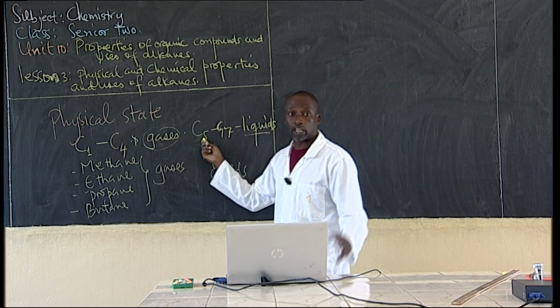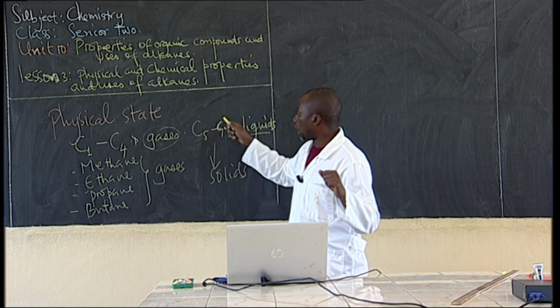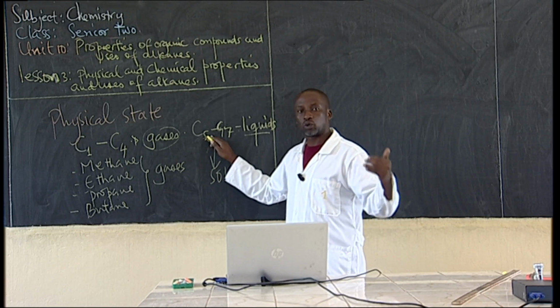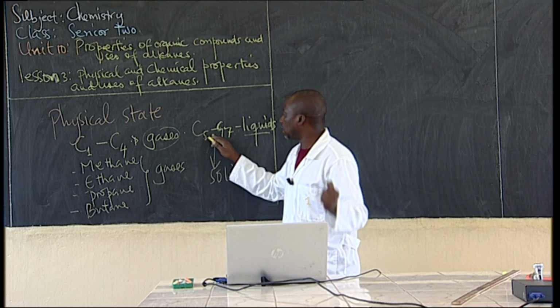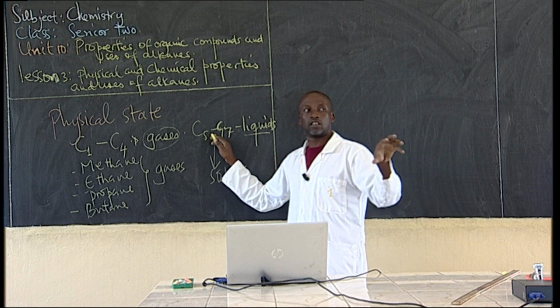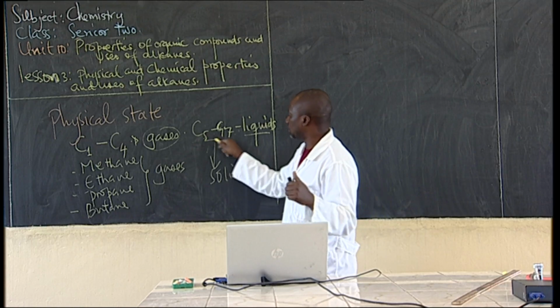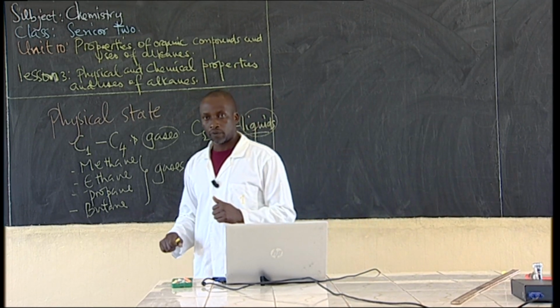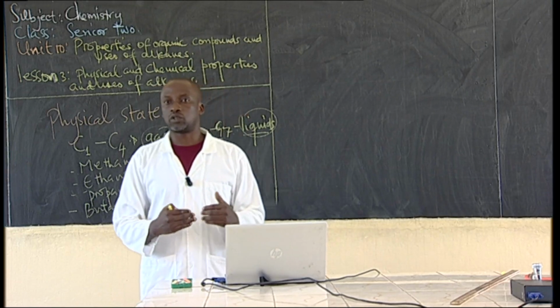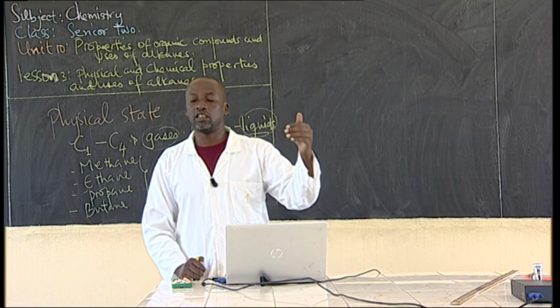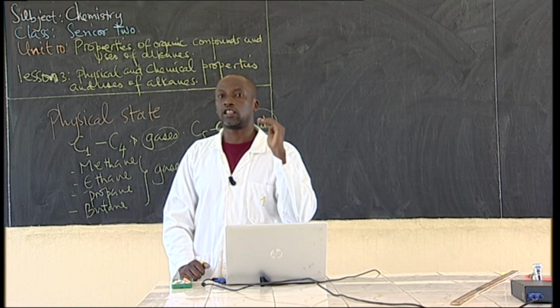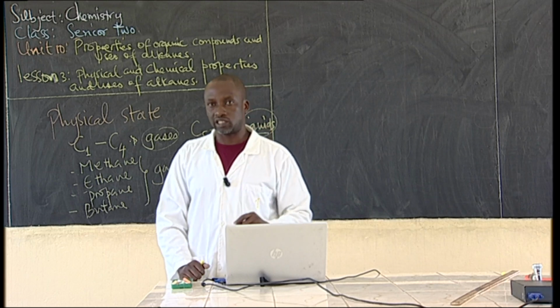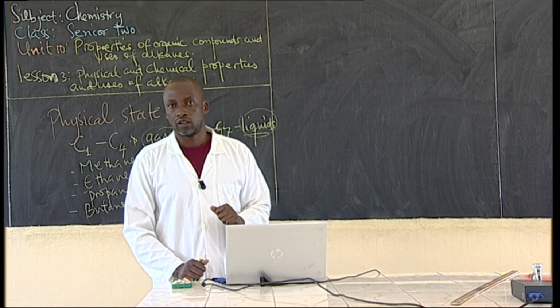Carbon number 5, pentane, then hexane, octane, nonane, and decane exist as liquids at room temperature. The rest of the compounds beyond 17 are solids at room temperature.